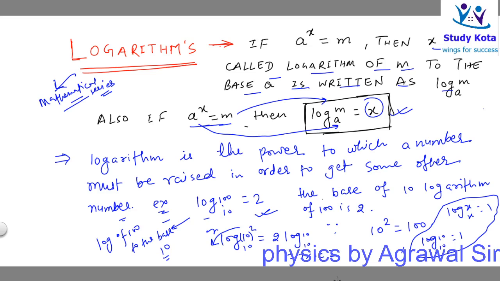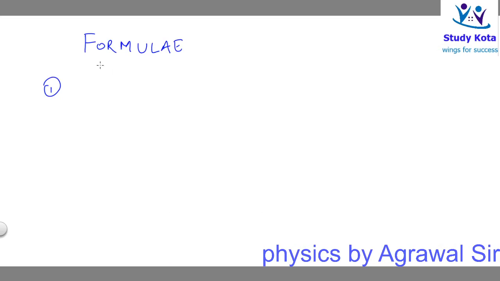So to proceed further, we have to memorize some formulas based on the logarithm, and also we will see some examples. Okay, so let us have some formulas. So guys, the formula one is, suppose two numbers are in multiplication, like log of mn to the base e, you can write it log of m to the base e plus log of n.